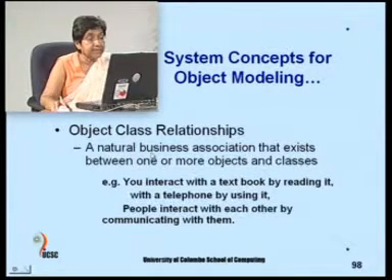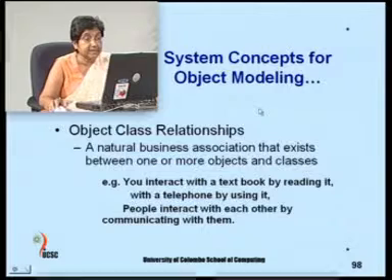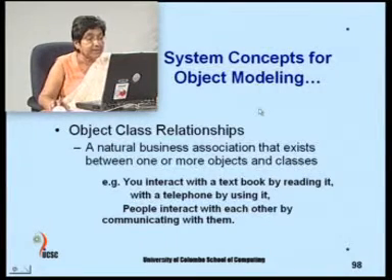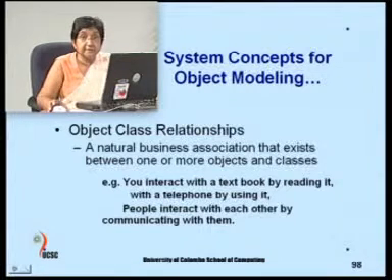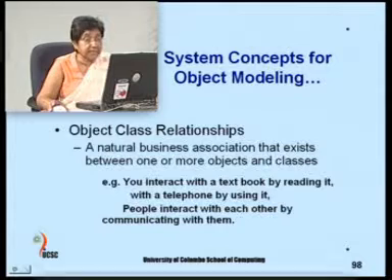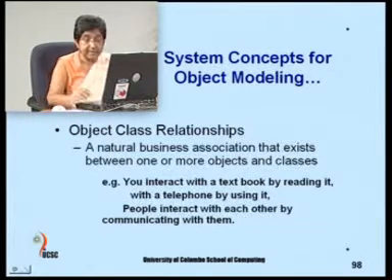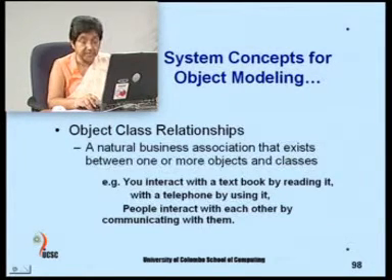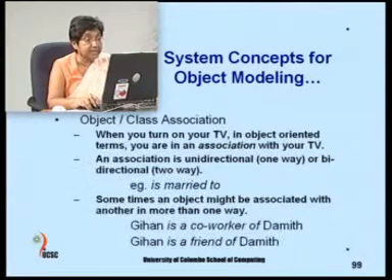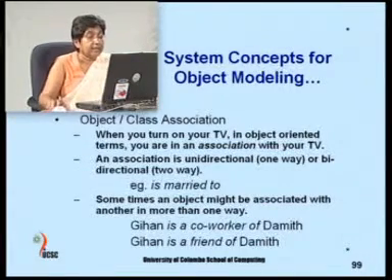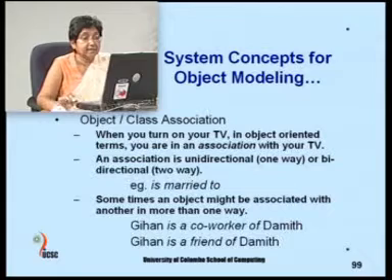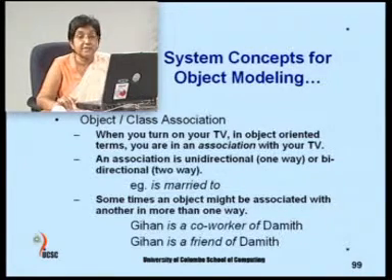Then object class relationships, like we saw the entity relationships, even among objects there can be relationships. A natural business association that exists between one or more objects and classes. For example, you interact with the textbook by reading it, with the telephone by using it. People interact with each other by communicating with them. So, there will always be interactions among these objects. When you turn on your TV, in object oriented terms, you are in an association with your TV.